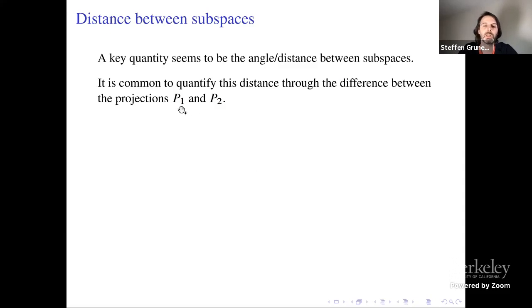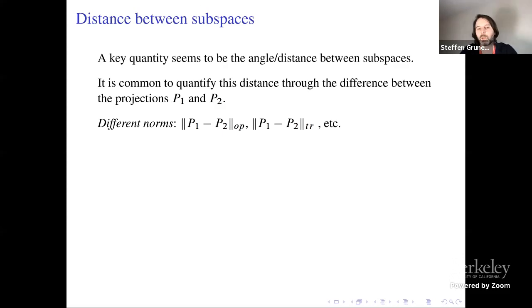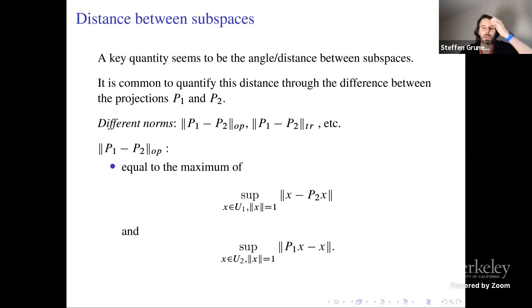P1 here is my orthogonal projection onto U1, and P2 is the orthogonal projection onto the subspace corresponding to epoch 2. Then I can look at the difference between these orthogonal projections and measure it in various norms, say the operator norm, the trace norm, or the Hilbert-Schmidt norm (Frobenius norm), which all correspond to different geometric properties of the subspaces and measure differences in different forms. In this talk, I'll pretty much just focus on the operator norm for simplicity.